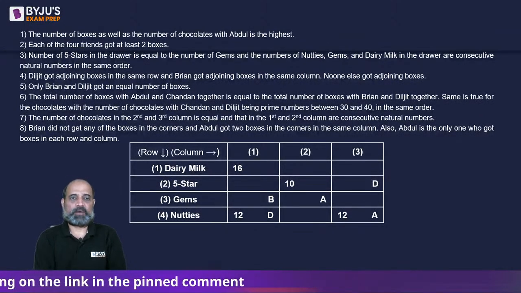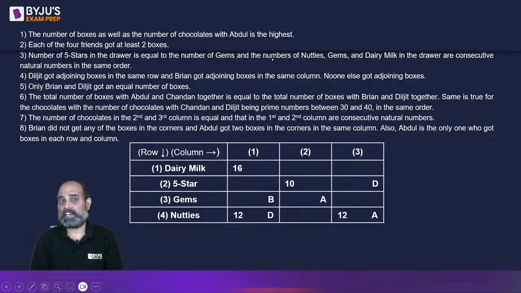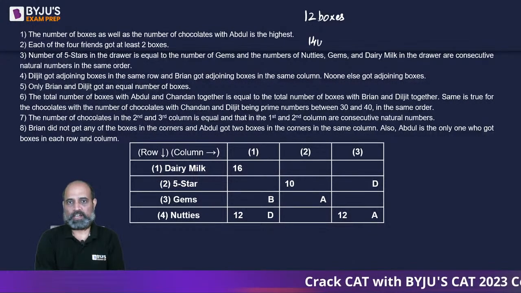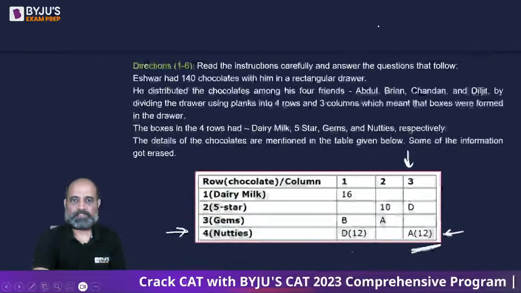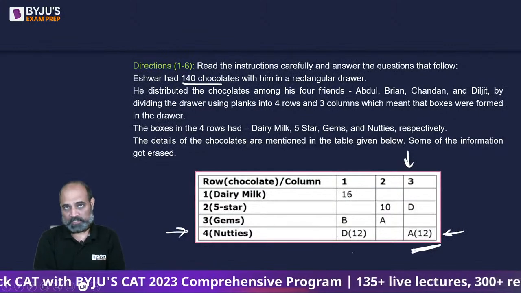The number of boxes as well as the number of chocolates with Abdul is the highest. So Abdul has got the highest number of boxes as well as highest number of chocolates. Please do remember we have 12 boxes and we have a total of 140 chocolates. In case you forgot, in the very first statement, it is given that 140 chocolates.